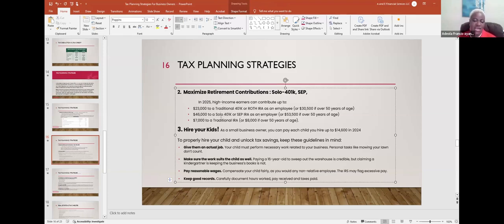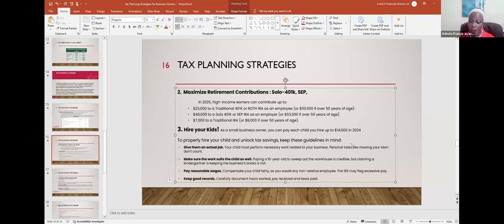Another tax strategy is hiring your kid. Now, this is very common, a lot of people talk about it. As a small business owner, you can hire your kid and pay them up to $14,600 without having to pay Medicare or Social Security taxes. This figure tends to change every year based on the standard deduction.